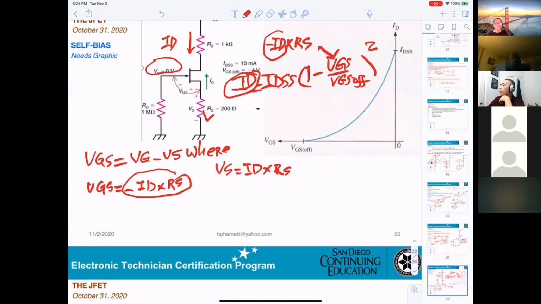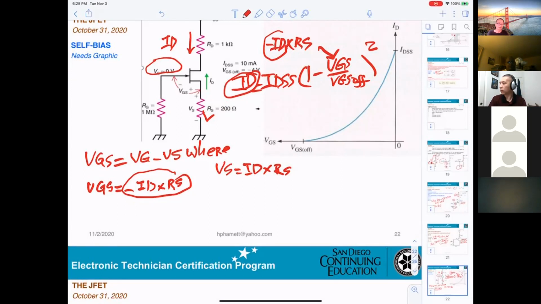So they don't want you doing the calculation. That's why they give you the graphic way to make it easier. So, Mr. Pham, in short, you're saying for the self-bias circuit, the best way to solve it is graphically, not calculating. Right, you cannot make the calculation.